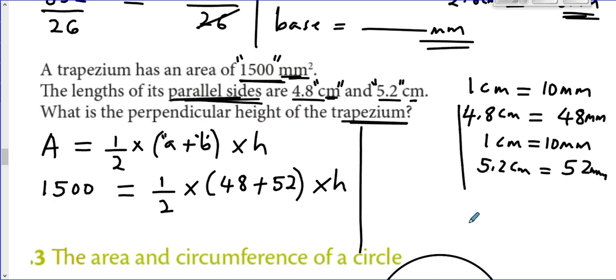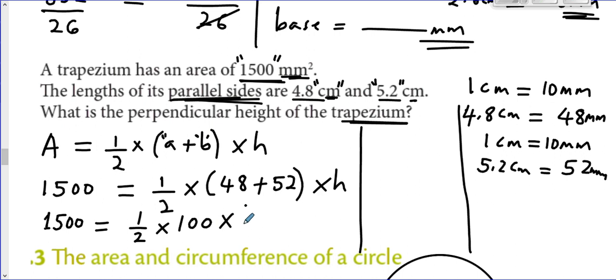Okay? Now, 1,500 will be equal to a half times 48 plus 52, that will be equal to, I guess, 100. Yes, because this 10 carry 1, so this will be 100 times height.